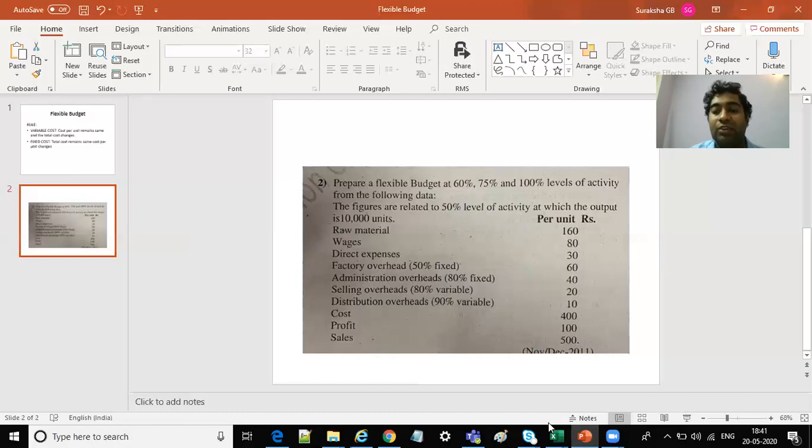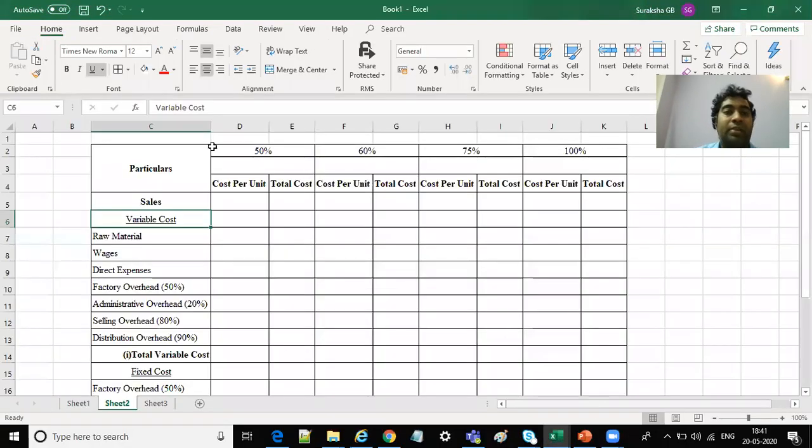Let us go directly. I'll show you the format of preparing this. So the format goes like this. 50% is given in the problem, 60%, 75% and 100% we need to prepare the production budget. So cost per unit and total cost at all levels of activity will be calculated. The variable costs in the problem are raw material, wages, direct expenses, factory overhead, administrative overhead, selling overhead, and distribution overhead.